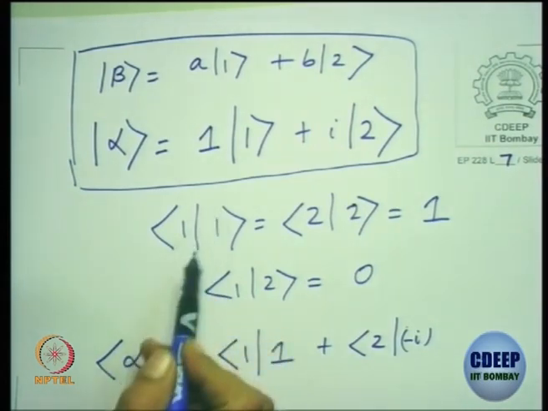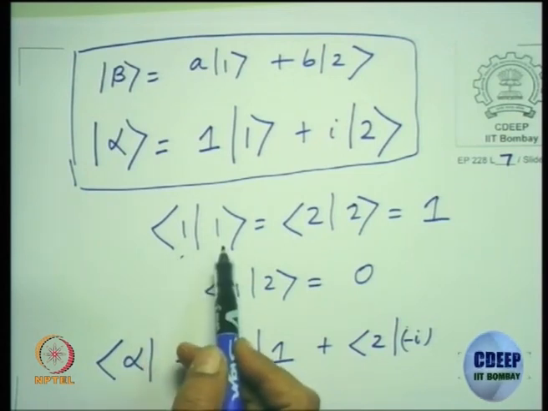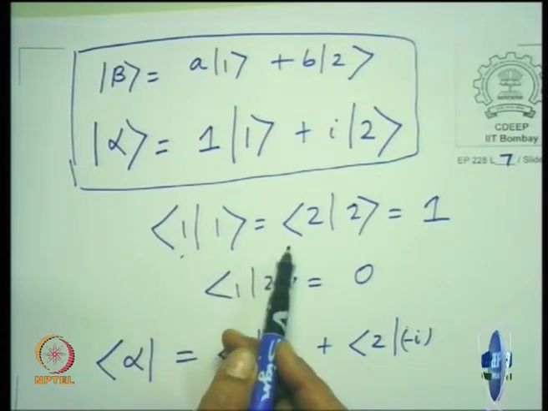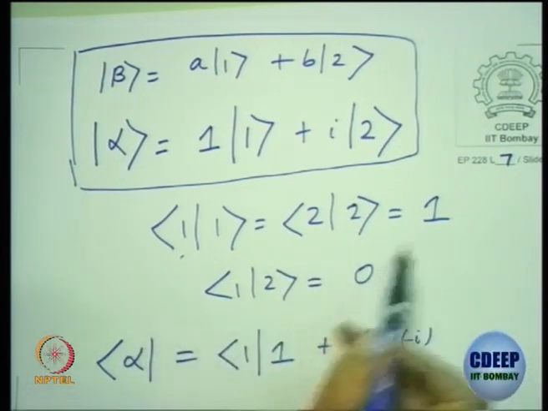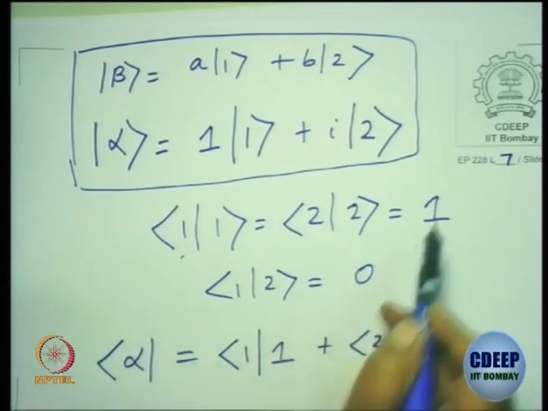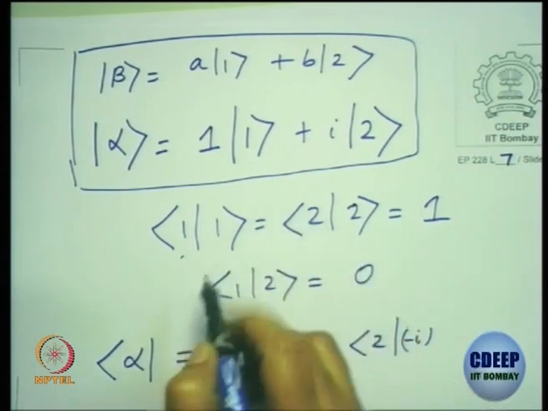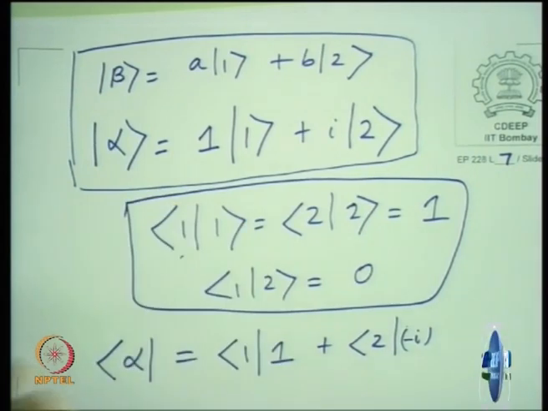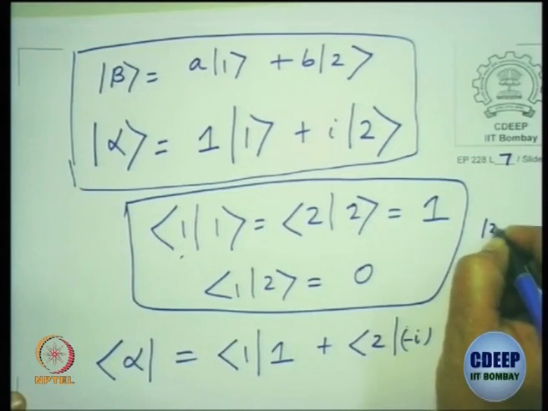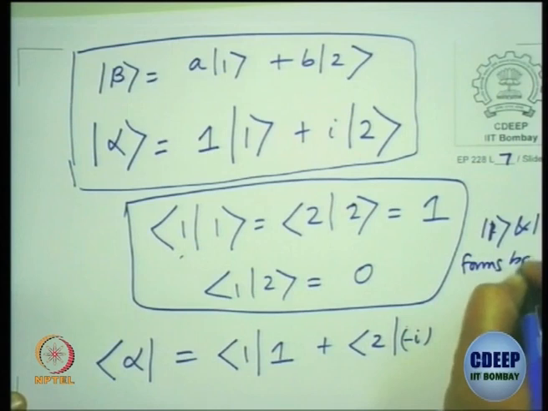And we have also written a condition that ⟨1|1⟩, ⟨2|2⟩ is 1, and ⟨1|2⟩ is 0. It's not identity, it's a scalar, it's 1. So what is this condition? |1⟩ and |2⟩ form a basis set.